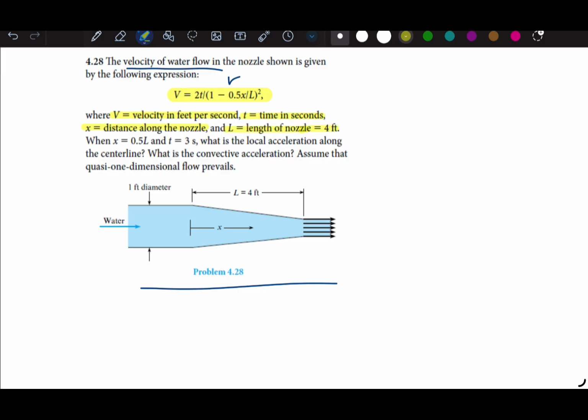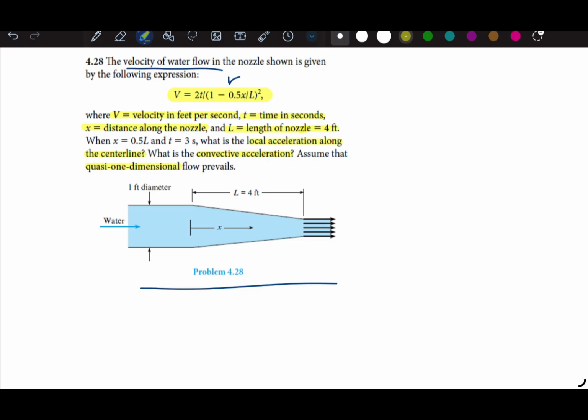which is 4 feet. When x is equal to 0.5 L and t is 3 seconds, what is the local acceleration along the center line? And what is the convective acceleration? And we are assuming that we have quasi one-dimensional flow.